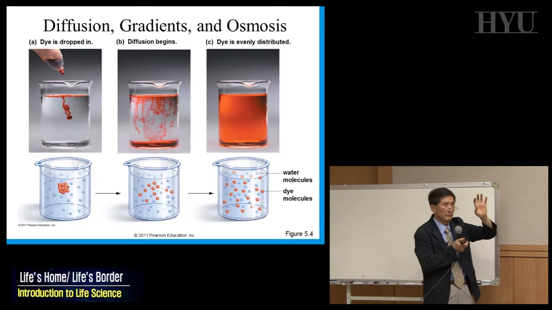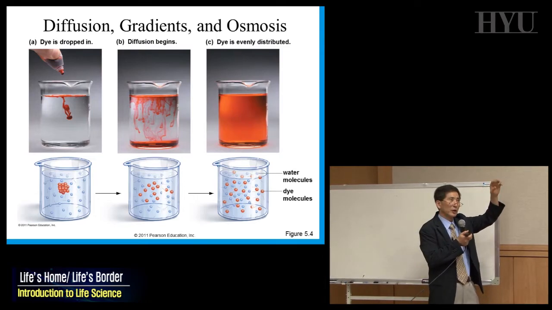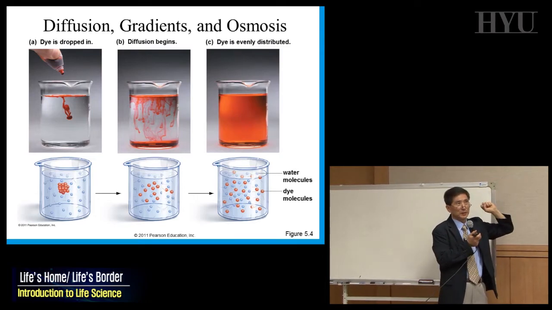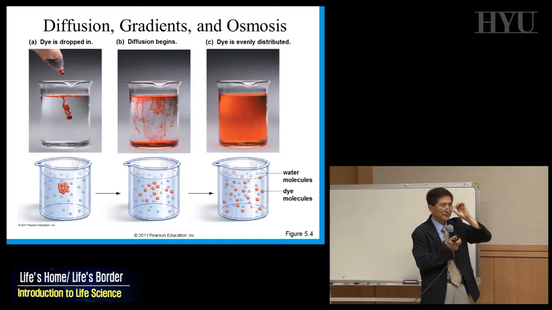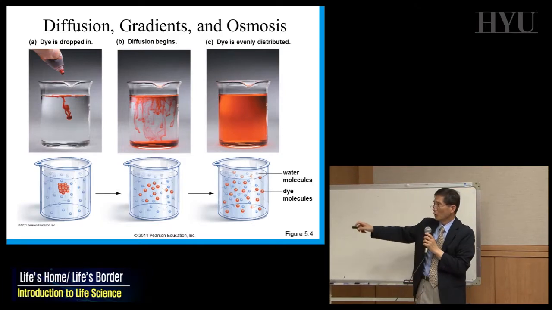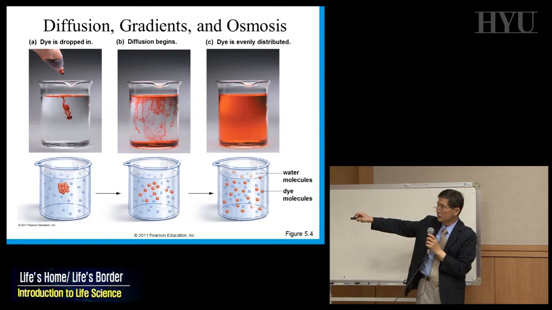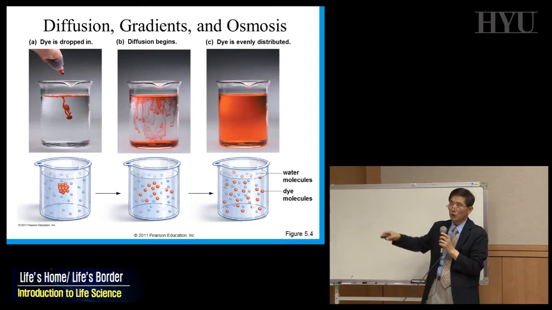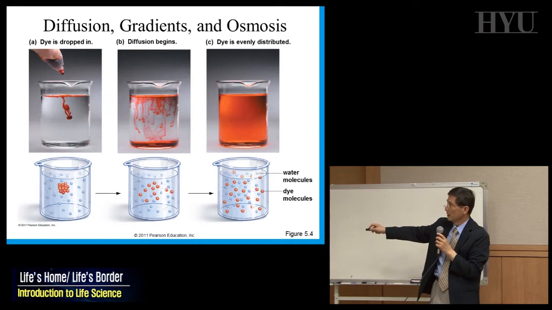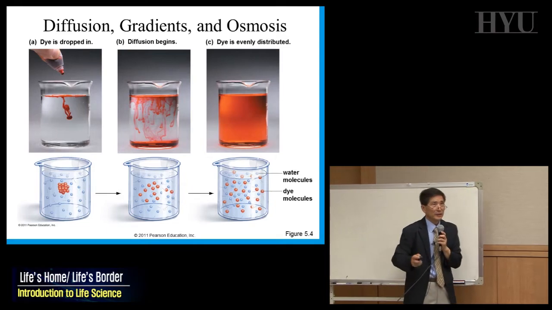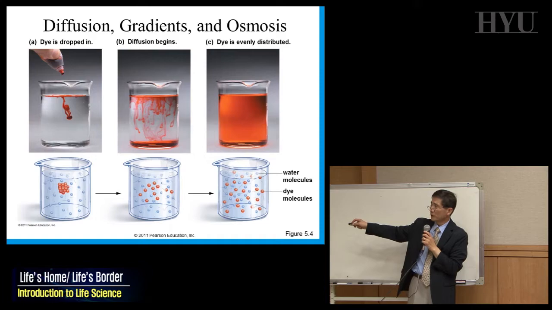Or thermodynamically, they want to have higher entropy or something like that. Never mind. So diffusion is from higher concentration to lower concentration. At the end, it will go like this. So the question is, can you go back from here to here?